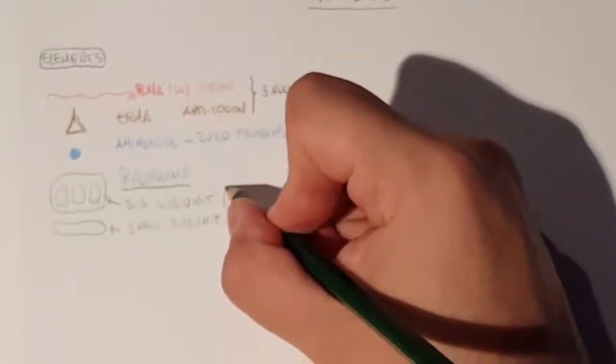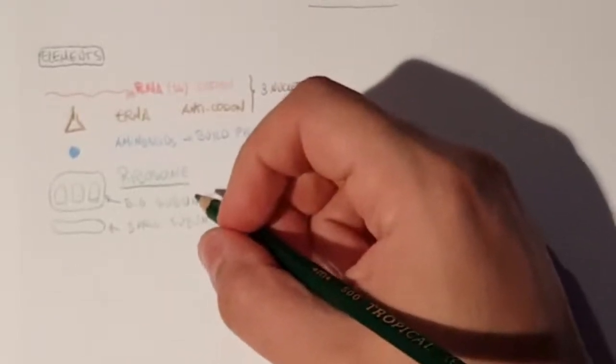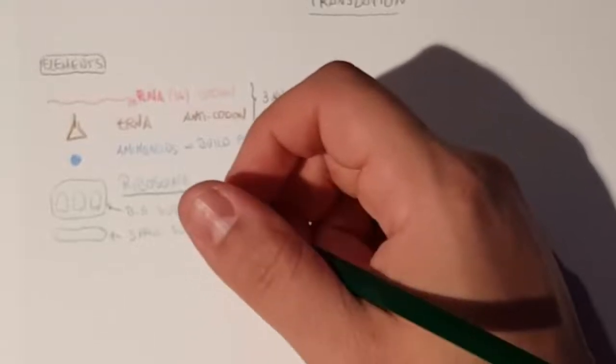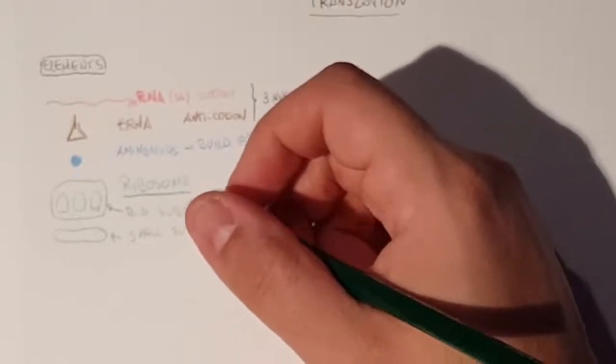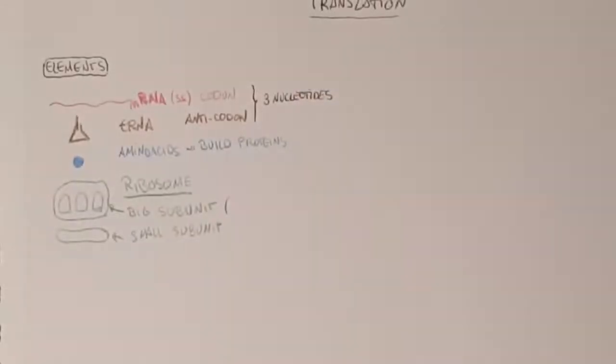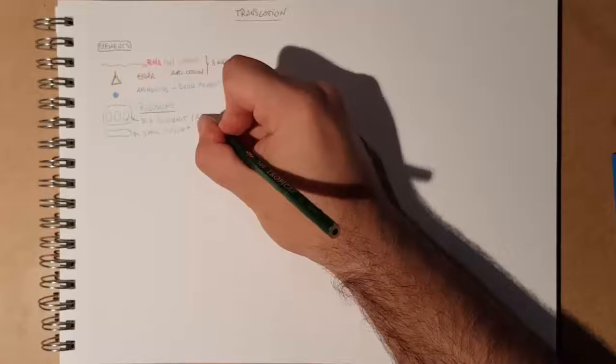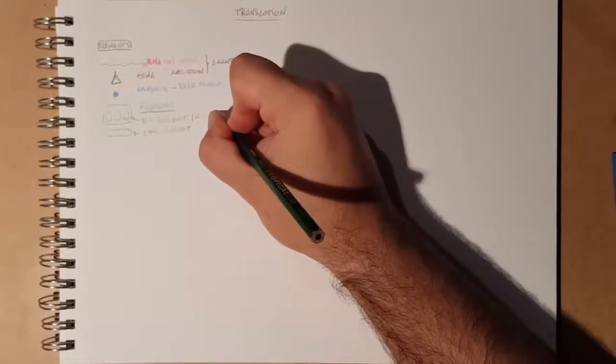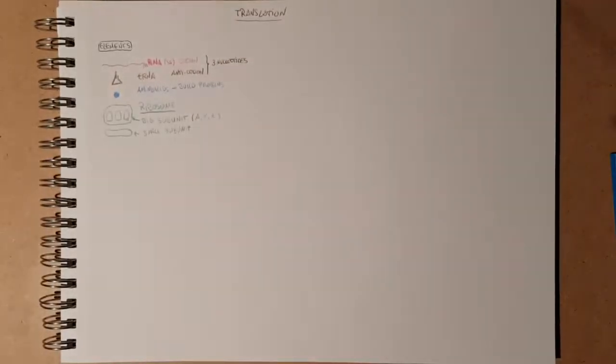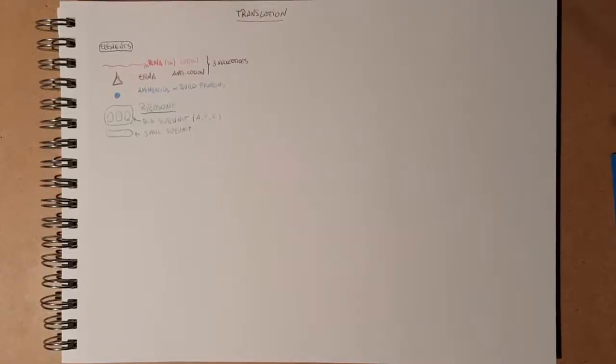In the big subunit there are going to be 3 sites: the exit site, the amino acid site, and the enter site. Okay, A site, P site, and E site. And that's going to be the difficult part, but don't worry, because I'm going to try to make it as easy as possible.